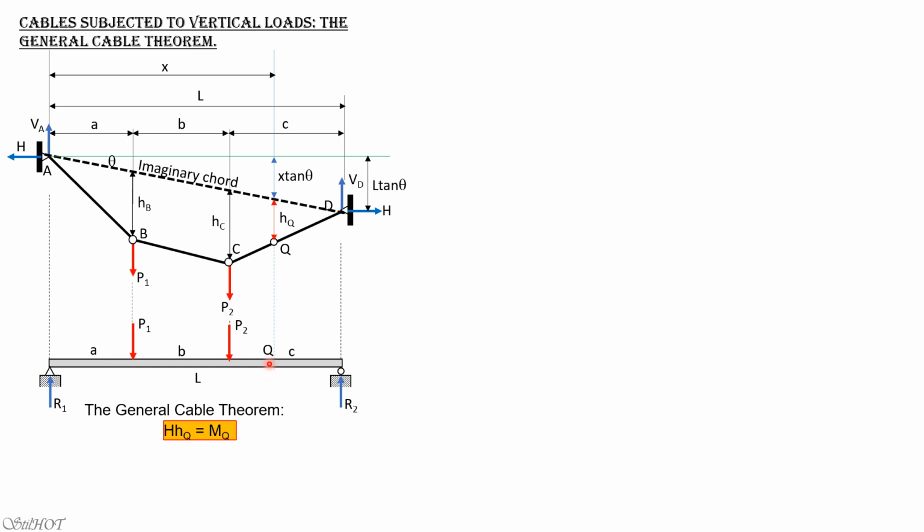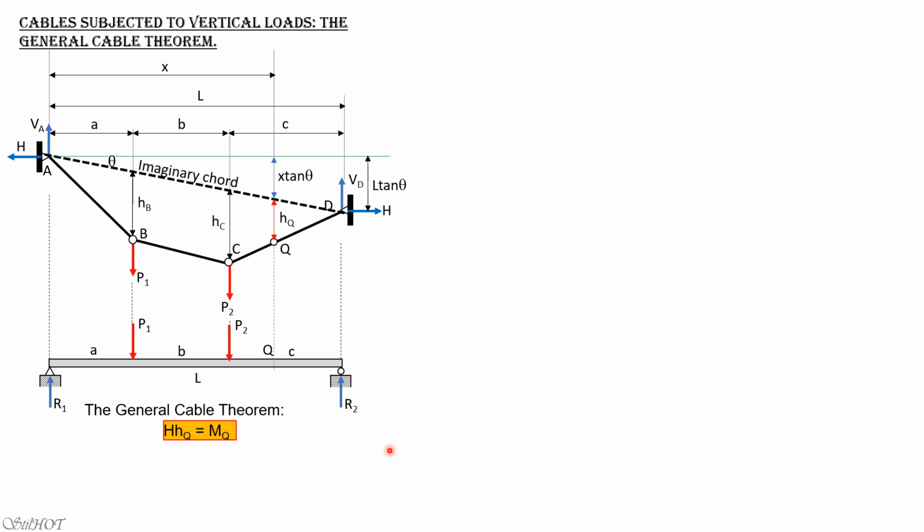So to solve for M sub Q, either you solve for R2, then the moment at point Q is simply R2 times that distance, right? If you cut a section containing Q, then you simply sum up moment here, that's the moment at Q. But we will compute the moment at Q based from the reference point, which is the left side, so that these loads are involved in the calculation of moment.